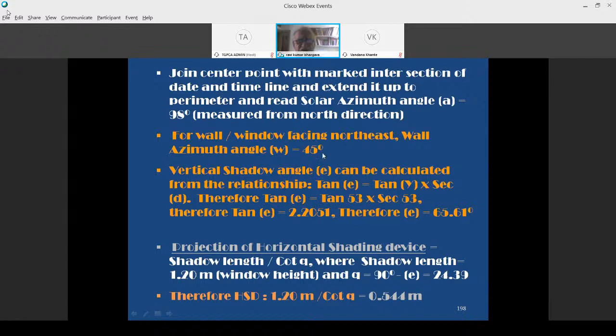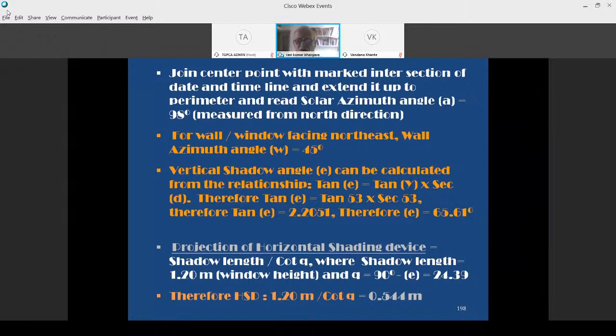Sigma can be calculated from the equation tan of sigma is equal to tan of the solar altitude angle multiplied by sec of the horizontal shadow angle, that is the difference between the wall azimuth and the solar azimuth. I have used D. Okay.